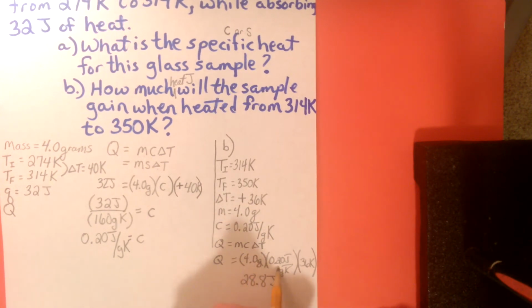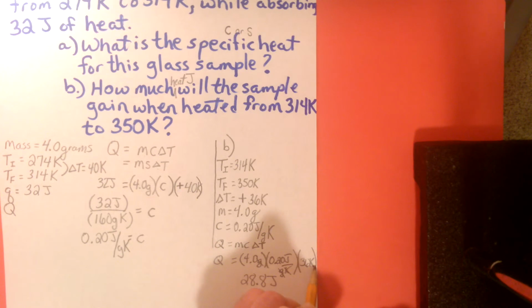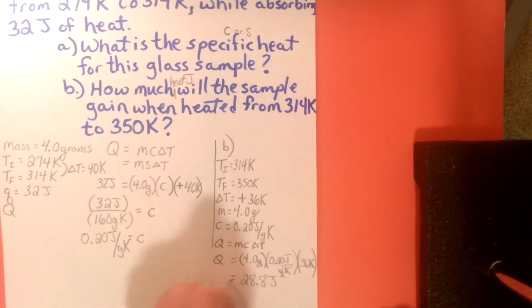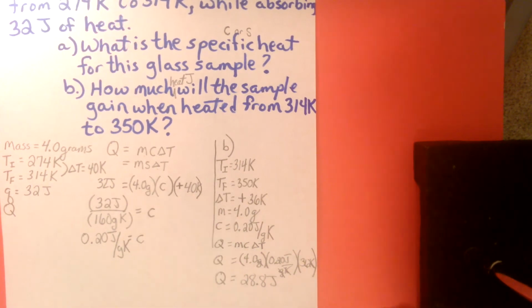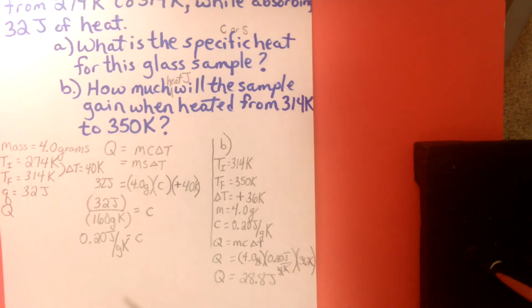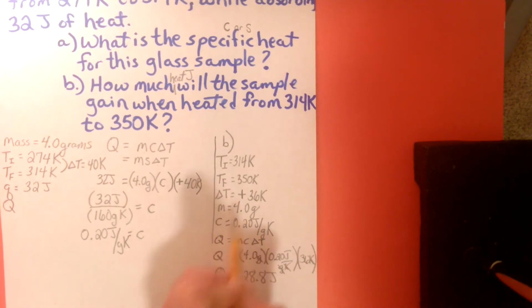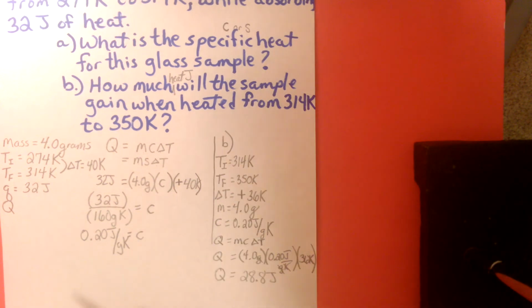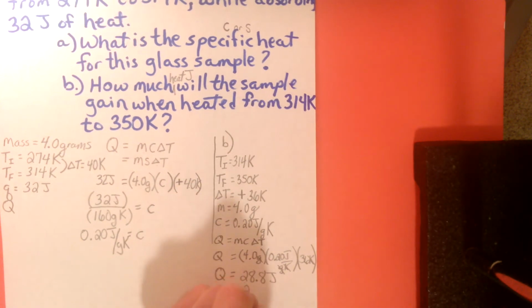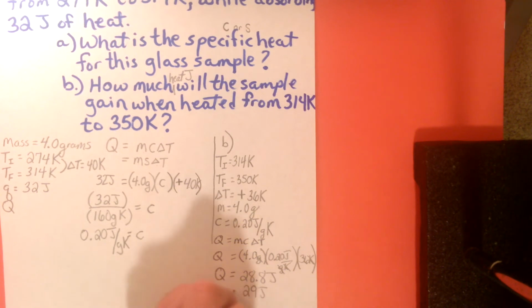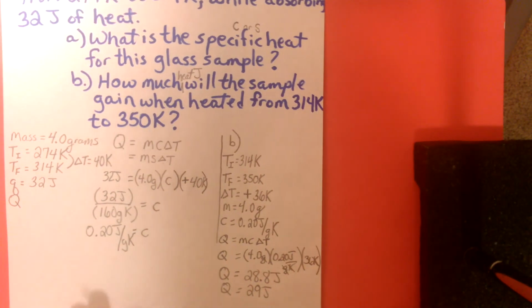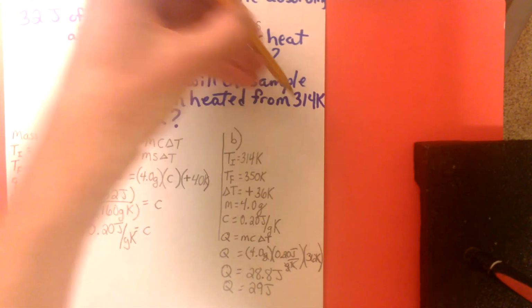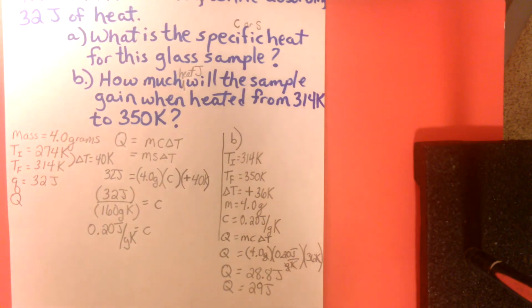See, the grams canceled here, the Kelvins canceled here, leaving us with joules. Now I need 2 sig figs on this, because the 4.0, the 0.20, and the change in temperature are also only 2 sig figs. So we will have this at 29 joules that this sample will absorb when raising the temperature from 314 to 350 Kelvin.